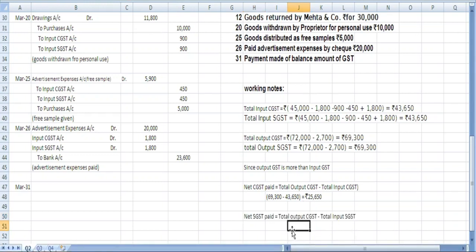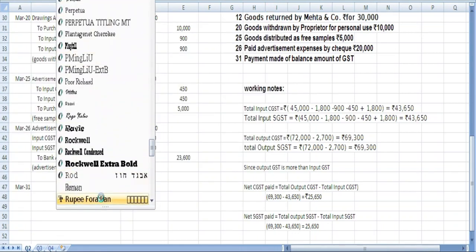So your total output SGST is how much? 69,300 minus 43,650. So this is coming to rupees 25,650. Okay, so we will write rupees over here.